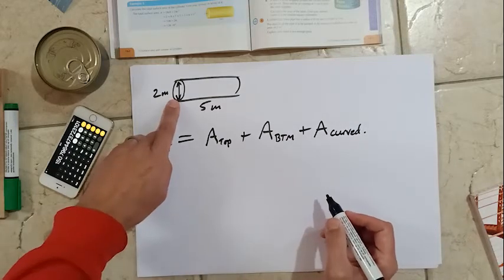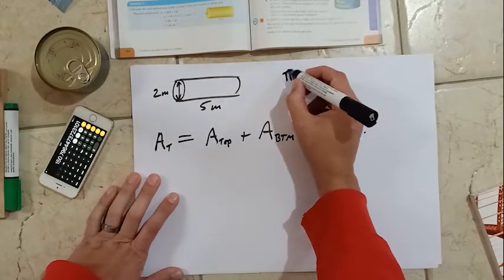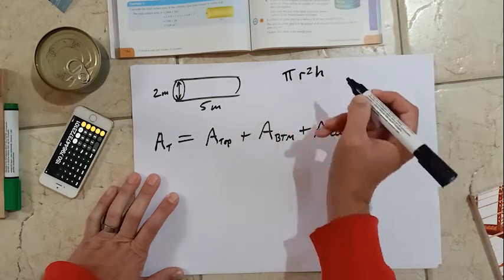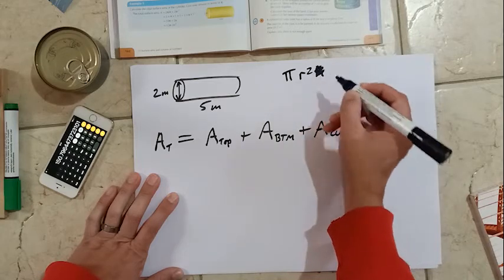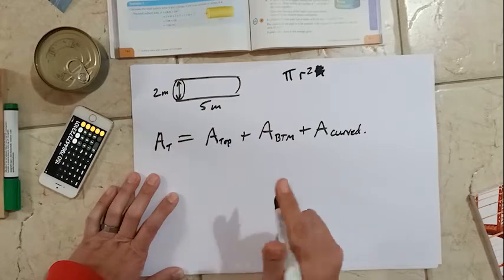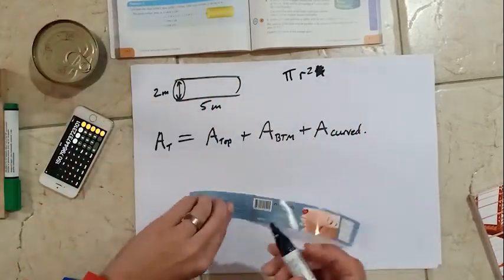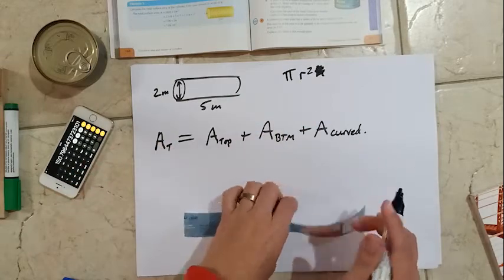I've called it top even though it's lying down. The area of this is a circle, pi r squared, and the area of this is the flattened out curved surface.